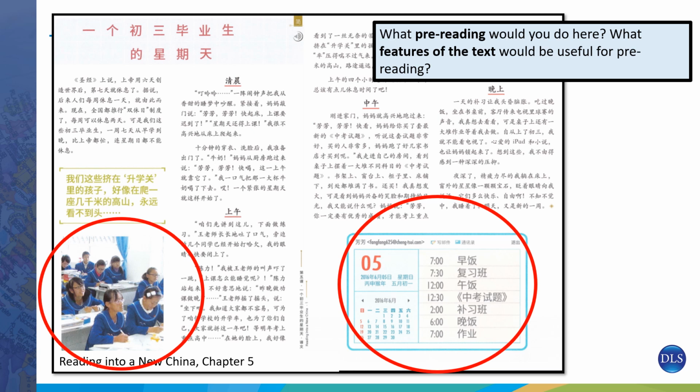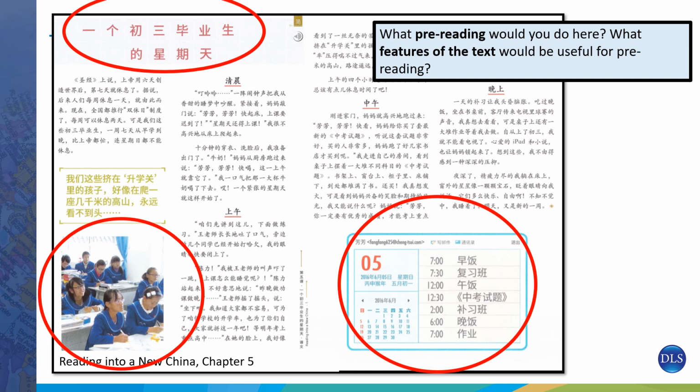So we can see that there are 2 images here that would be really useful for pre-reading, maybe getting the students to describe those images, say what they see in the picture or what this is over here. Looks like a calendar with maybe a daily schedule. And then we can also see there's a title up here.